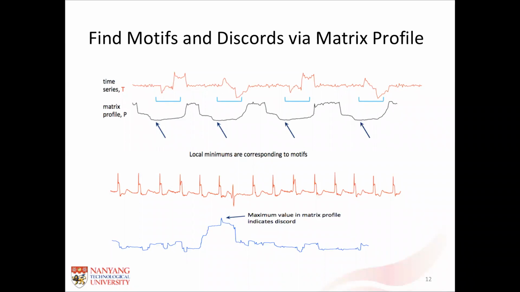And the matrix profile can be used to find multiphase and discords. Multiphase is basically a regular pattern. If you look at the graph and get quite a small distance, then basically you found something.